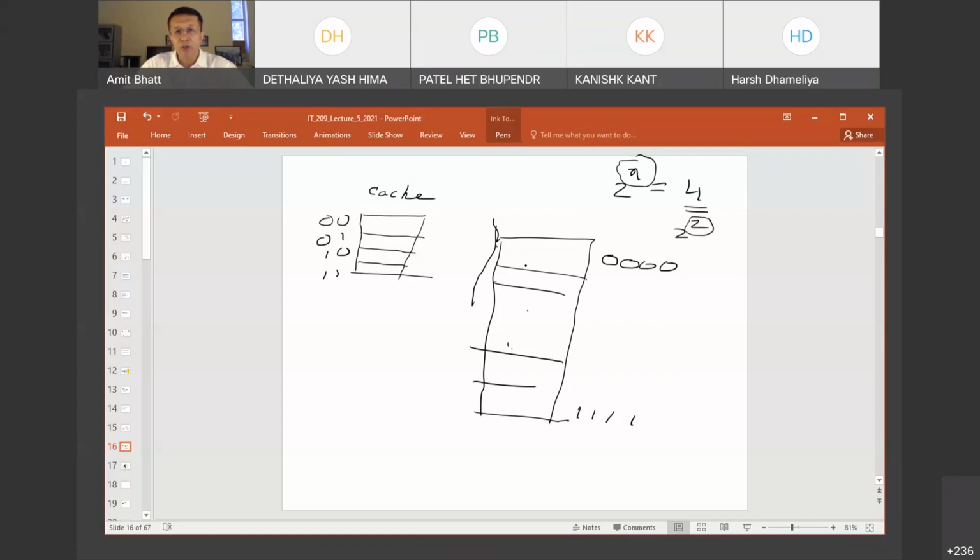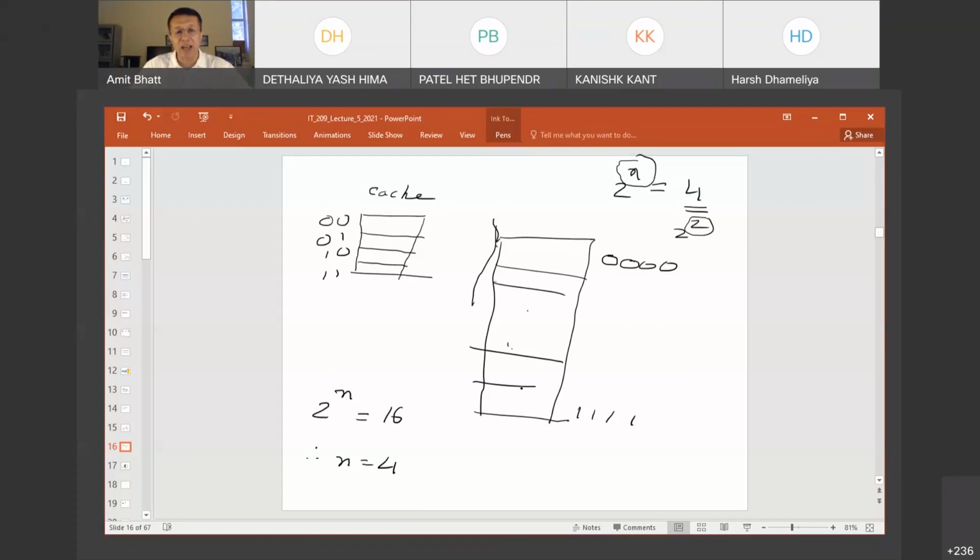Similarly, if I want to give 16 locations each one of them an independent identity, I would put this equation again, 2 raised to n equals 16. So that means n is equal to 4. So I need 4 bits to independently address 16 locations.